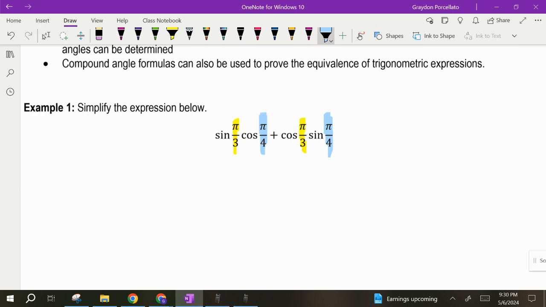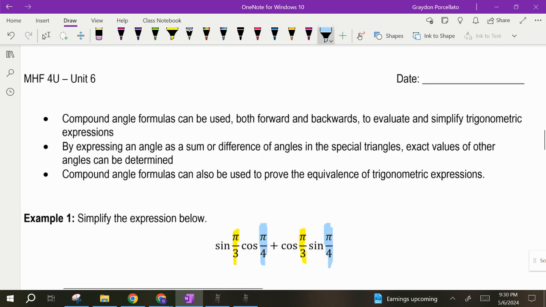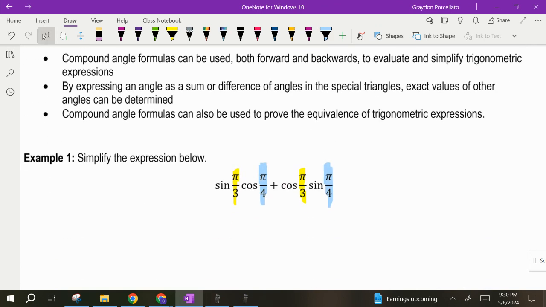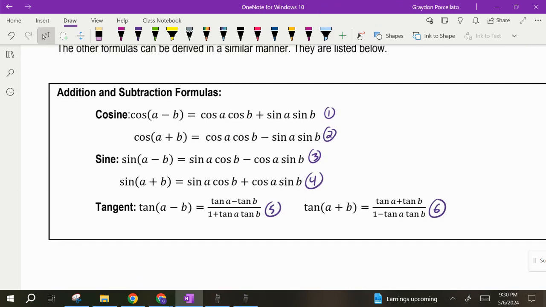Now let's look back at our expressions here. And so this is sine cos, cos sine, and plus. So sine cos, cos sine, but there's a plus. So this is our expression that we're going to use to simplify this.